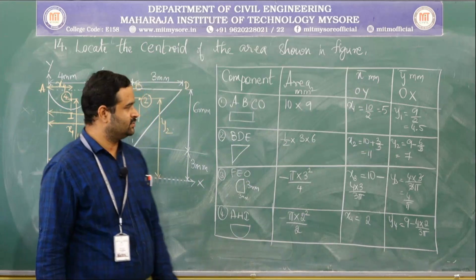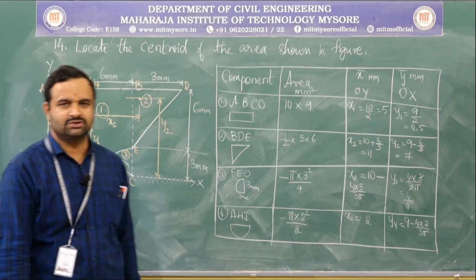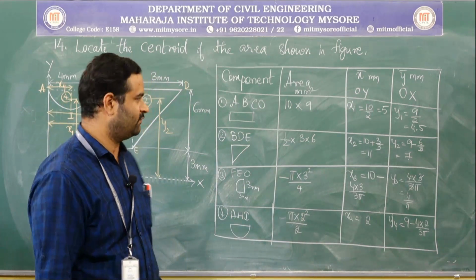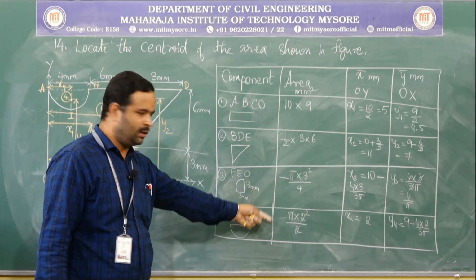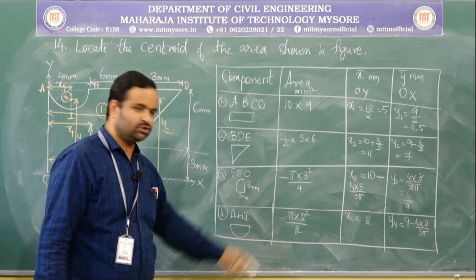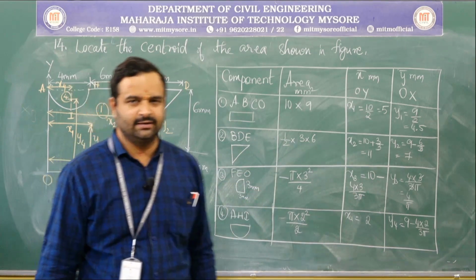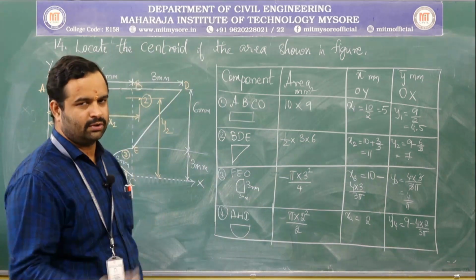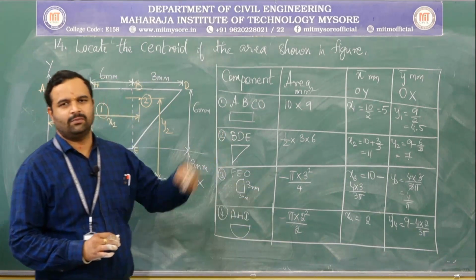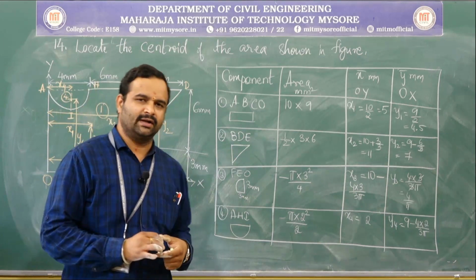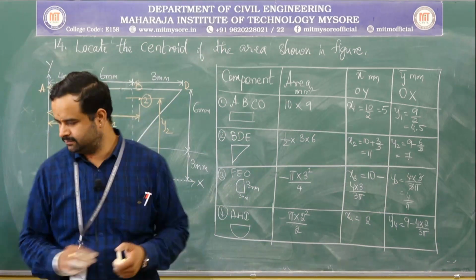So these are the values of x1, y1, x2, y2, x3, y3 and x4, y4 along with its areas a1, a2, a3, a4. The areas a3 and a4 should be written with a minus sign because they are removed out. Okay? So now let us substitute this in the formulas of x bar and y bar and calculate what x bar and y bar are.